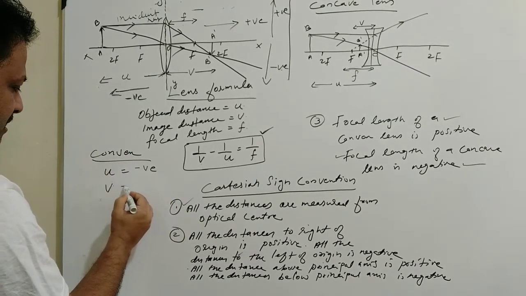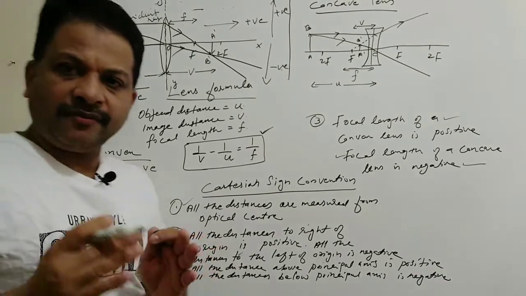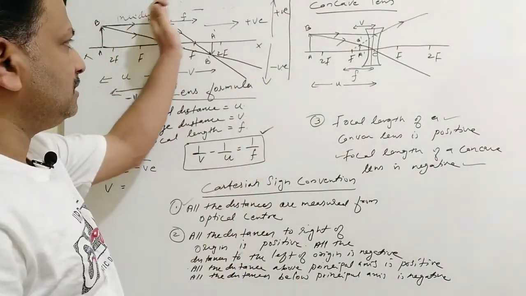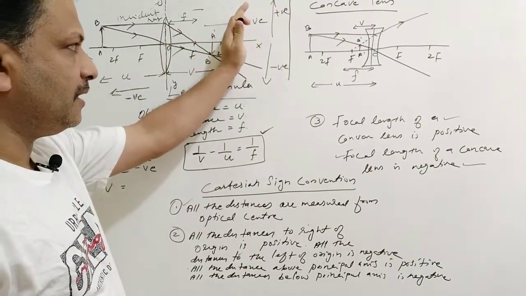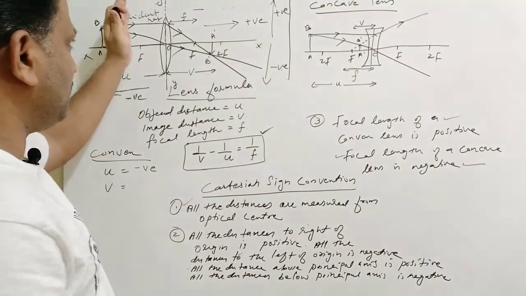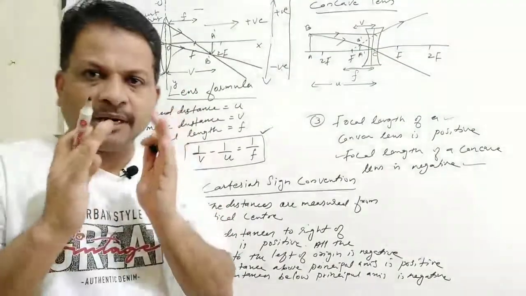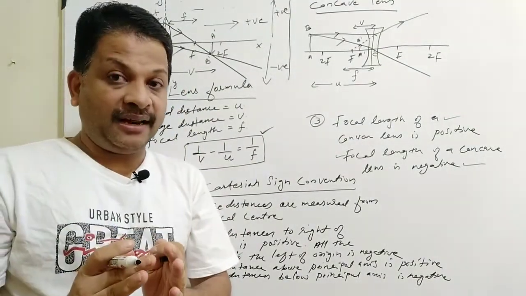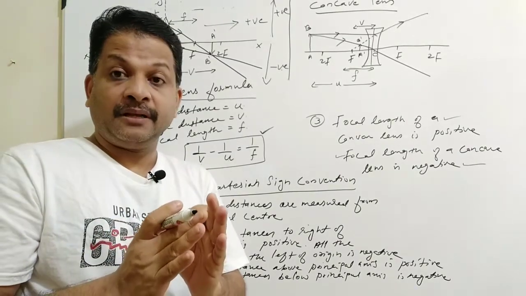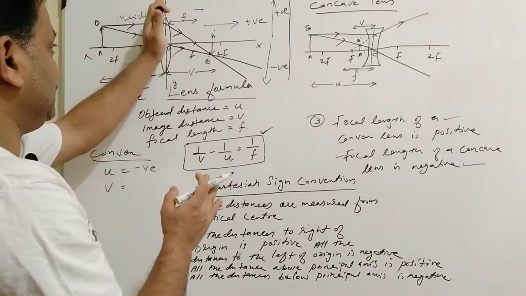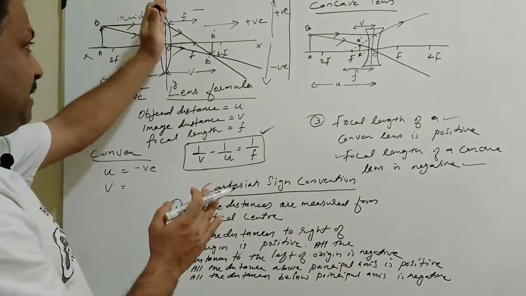For image distance V, you know, in case of a convex lens, real inverted images are formed just behind the lens, and the last case when the object was lying between optical center and principal focus, you remember the case of a magnifying glass, we are getting a virtual magnified image on the same side of the lens, on the same side of the object.